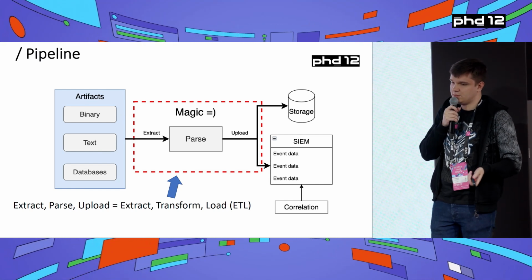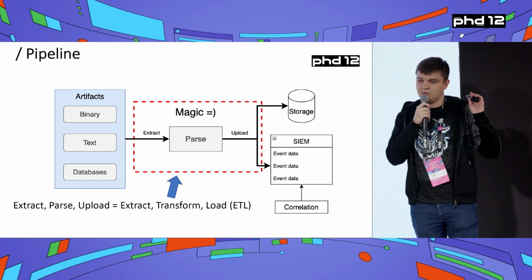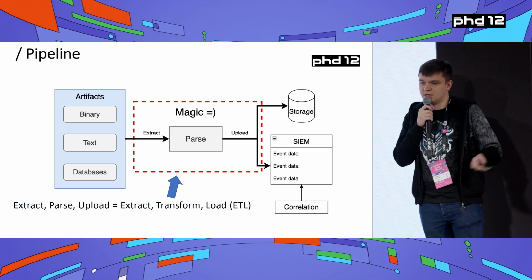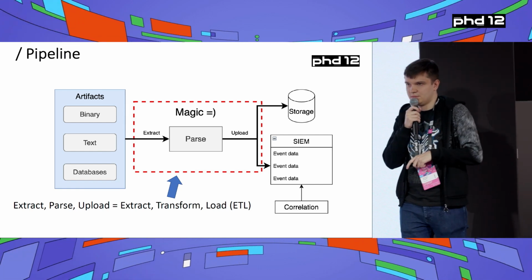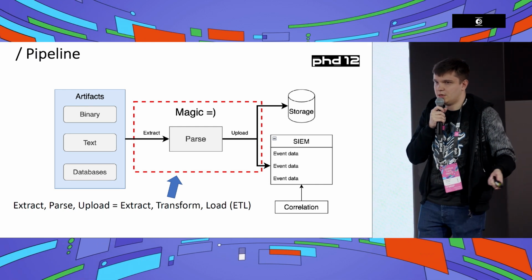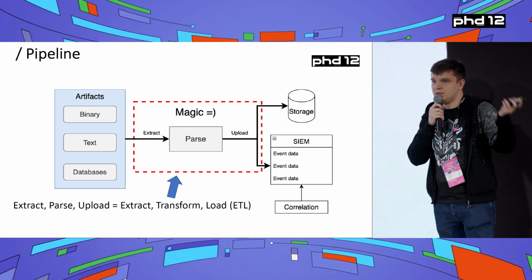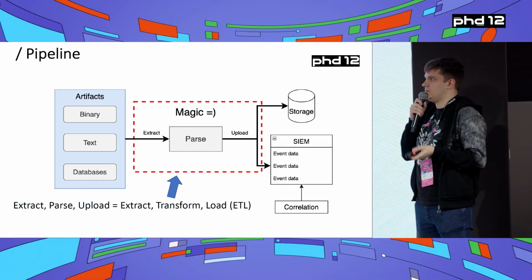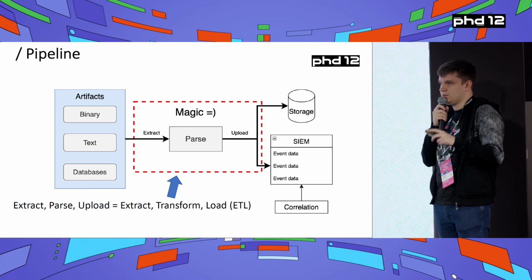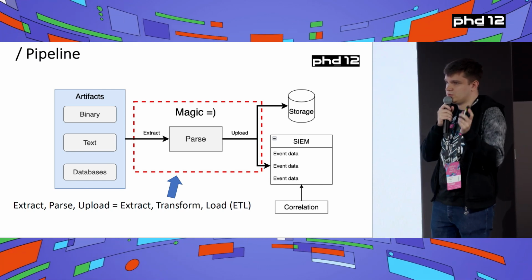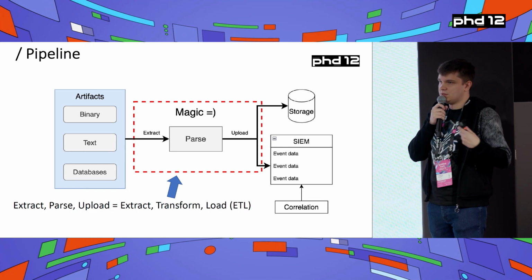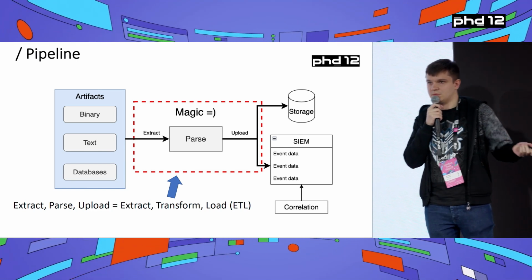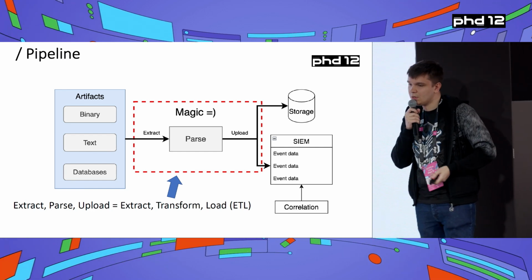So we have the input, the artifacts. They can have different formats, like binaries, texts, or databases. So we need to get it, process it, and send it to the SIEM and some other storage to store it in the raw format. So if necessary, an analyst should be able to have a look at them.